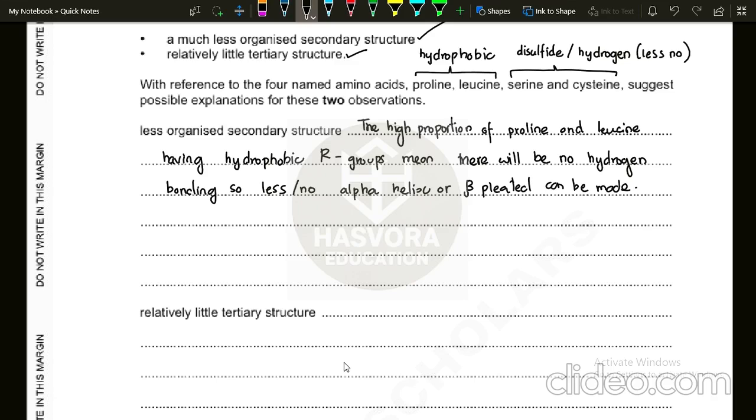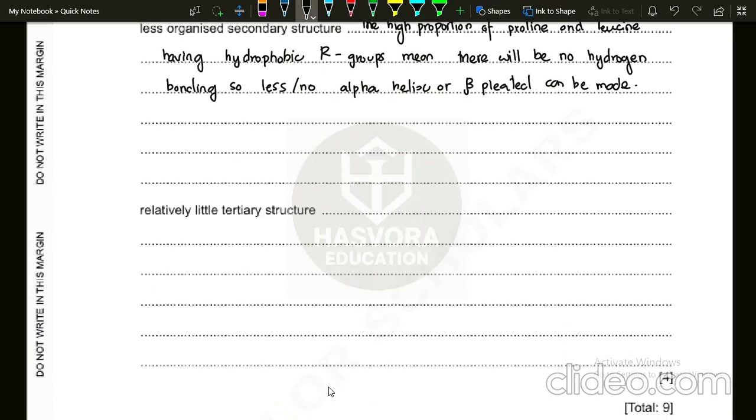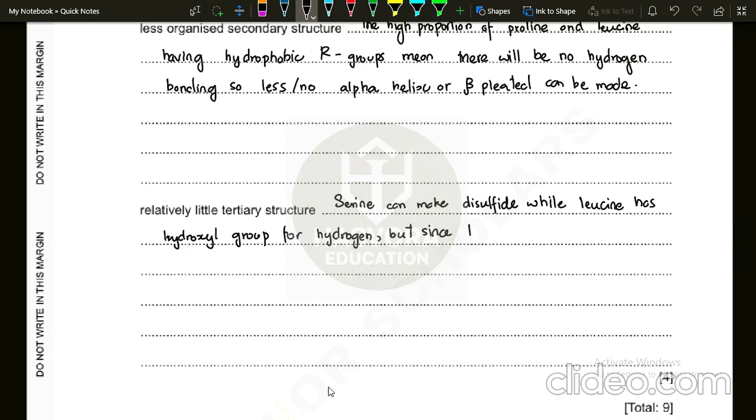So the relatively little structure will be because serine can make disulfide bond while leucine has the hydroxyl group or the OH group for hydrogen bonding, but since they are in less number, or you can say less proportion.